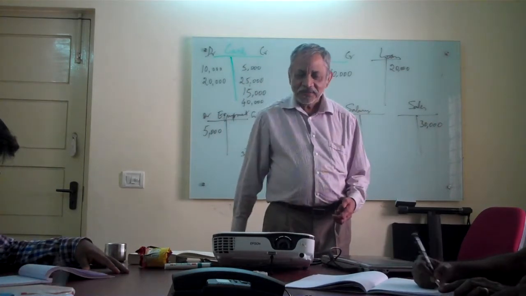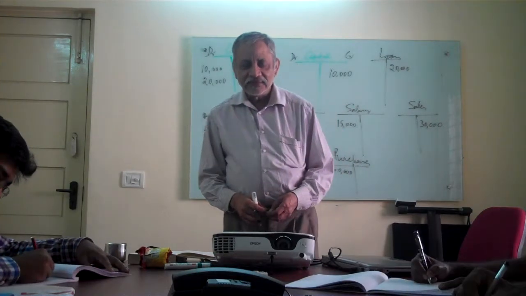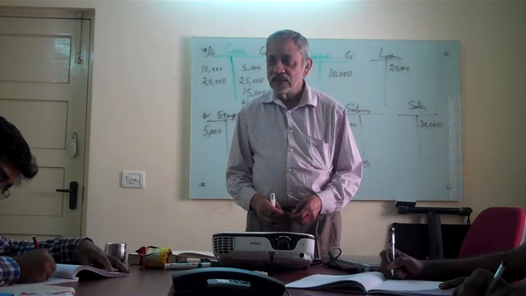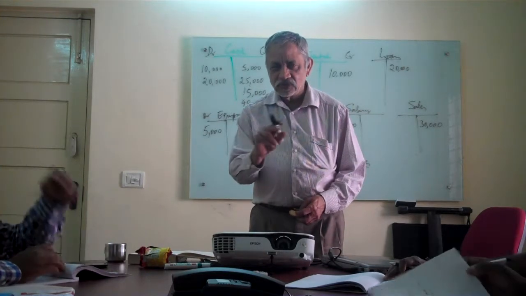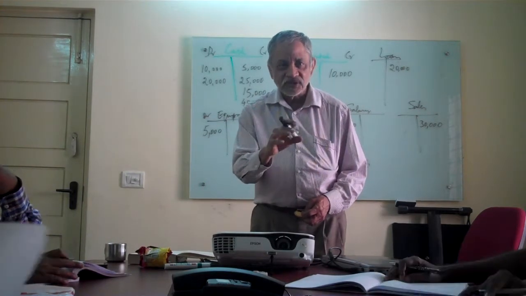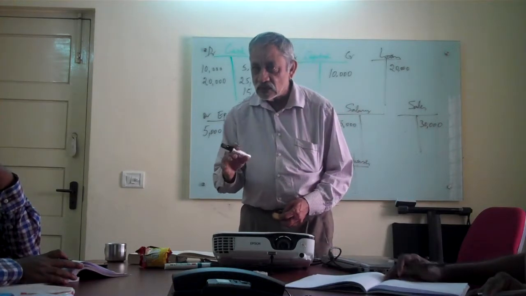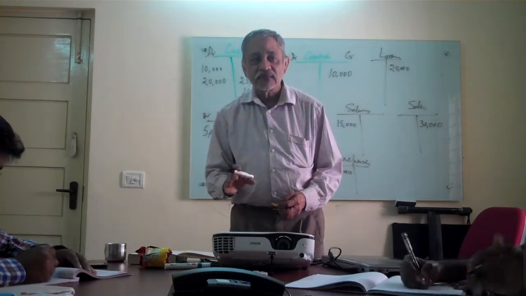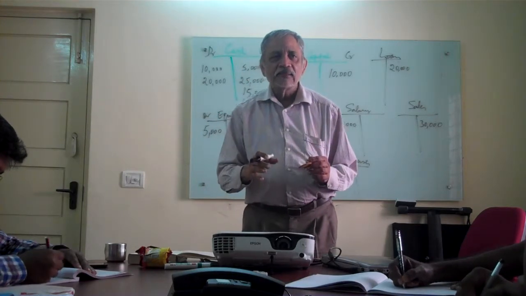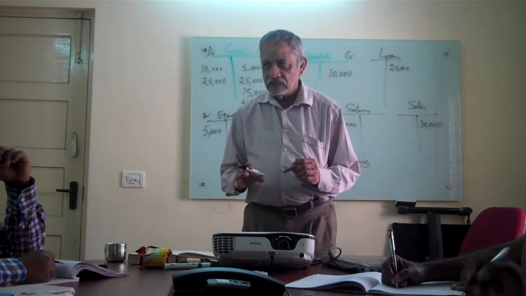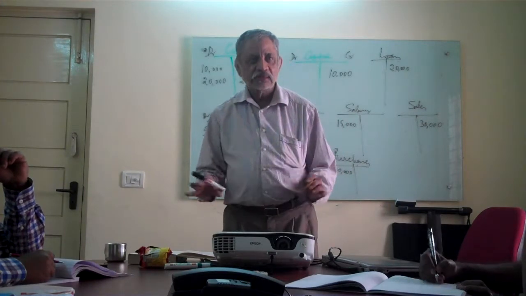I think I told you the very first day, the final reports consist of 3 things, but at the moment 2 things. That is the P&L account, called profit and loss account, also called income account or income statement. And then balance sheet, which is just called balance sheet.